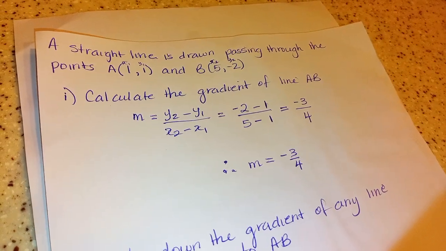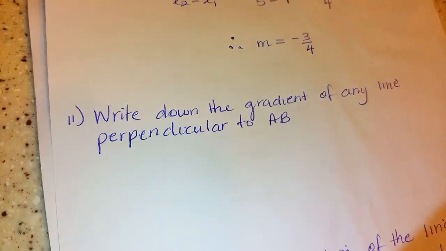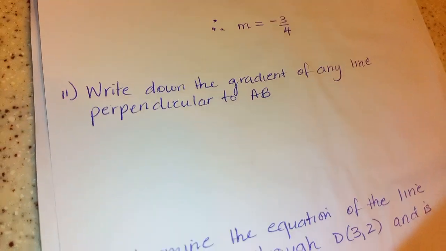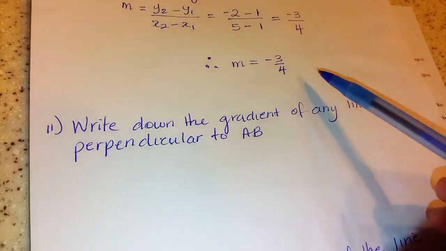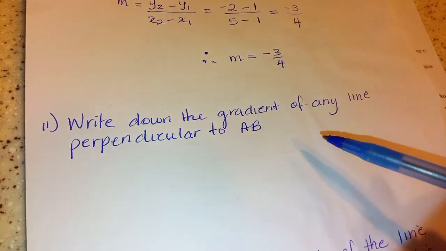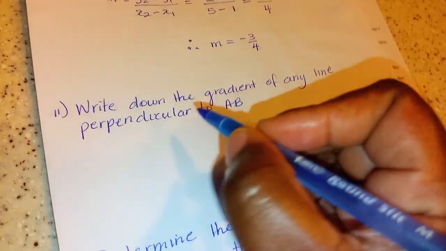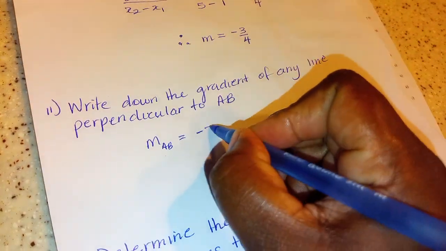Then we're going to go on to the next question, which says to write down the gradient of any line that is perpendicular to AB. Now, once we have the gradient of AB, it is very easy to get the gradient of any line that's perpendicular to it. Our gradient for AB is negative 3 over 4.